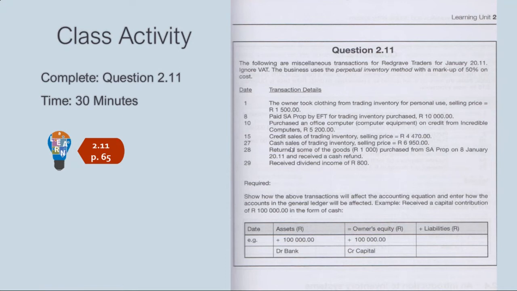Okay, so let's start with the first transaction. The first transaction says the owner took clothing from trading inventory for personal use. The selling price was 1,500. If our owner takes something out of the business for personal use, to which account do we take that amount?